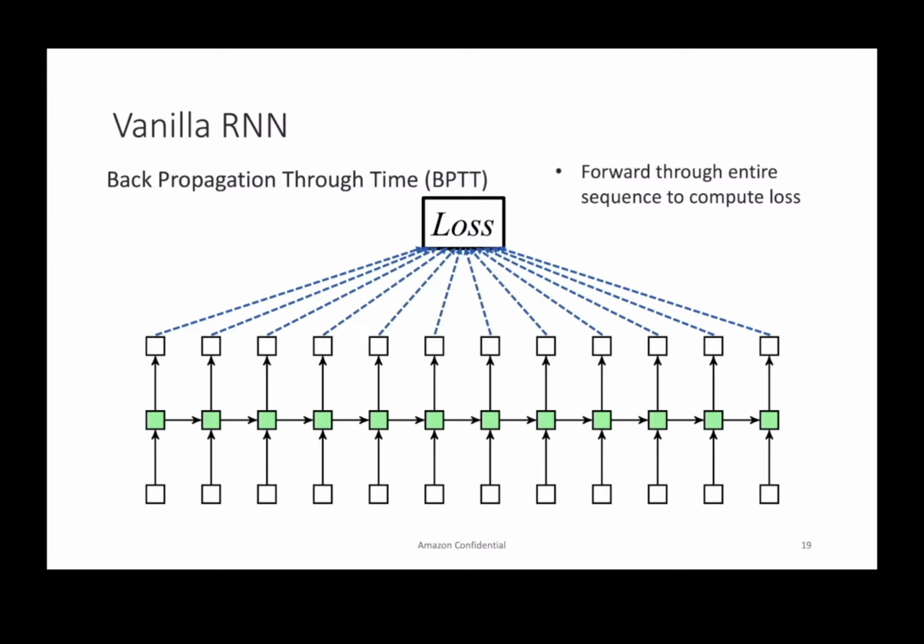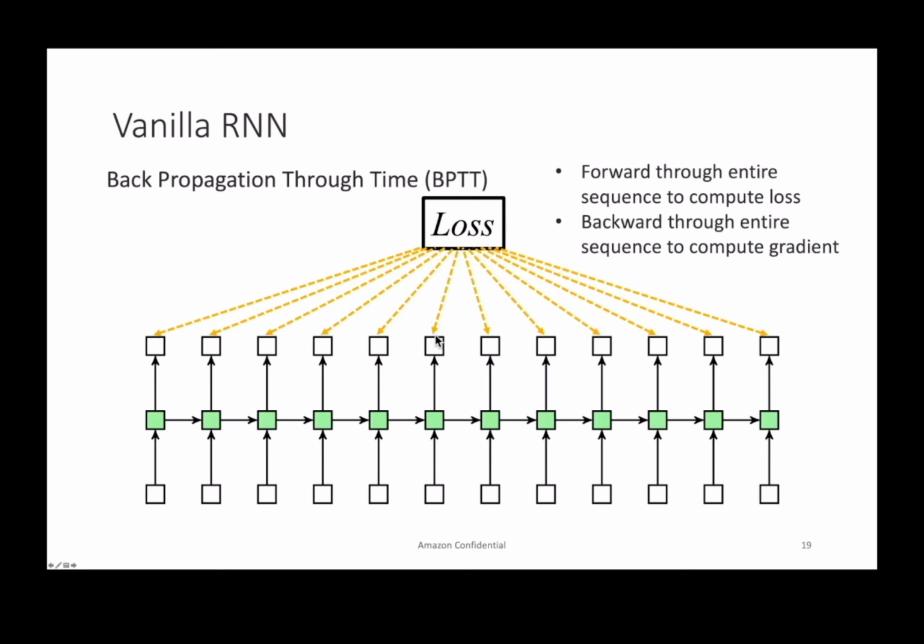That loss we discussed earlier, wherein it could be a frame by frame loss, or it could also be that at the end of the sequence, you will have just one loss, in case of sentiment analysis. And then that loss is backpropagated through each of these nodes. Basically, the weights are shared, but backpropagation will enable us to compute at each time point what was the contribution to the error, and then that will be used for updating the weights.